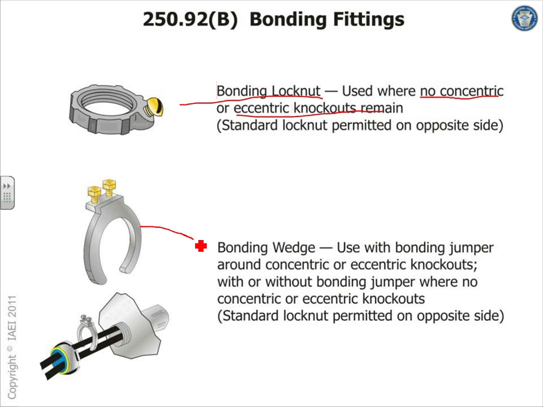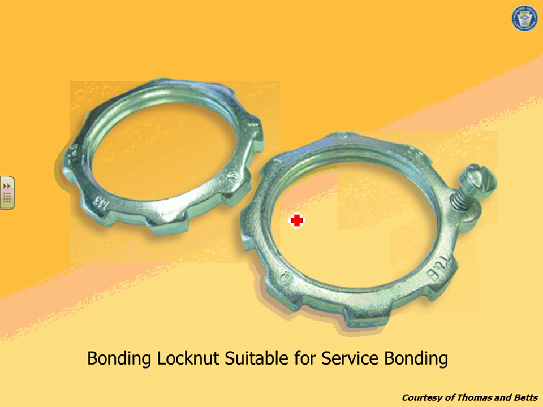The other alternative is the wedge, guys, too. Same thing. Use where bonding jumper around concentric or eccentric knockouts. If you don't have eccentric or concentric knockouts, these are two alternatives that you can use instead of the bonding jumper. These are also bonding lock nuts for service, approved to avoid having a bonding bushing with a supply side bonding conductor.